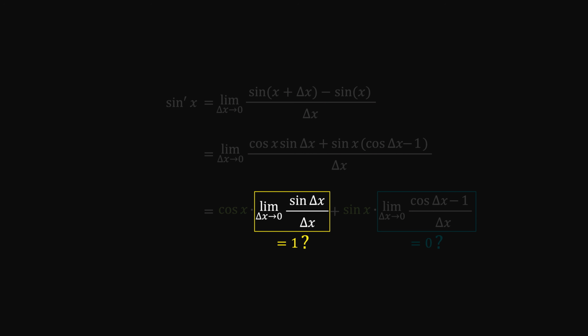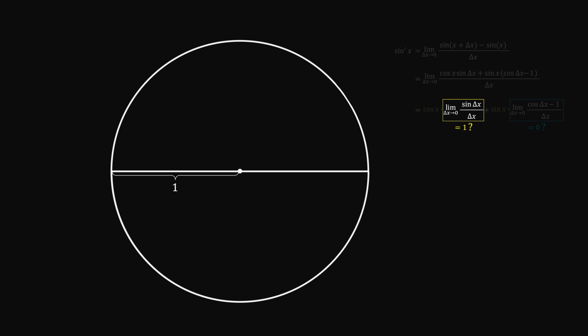For the first part, we will use geometry to analyze it. If we use a unit circle, it can help us visualize these numbers. Say this is angle delta x. This height will be sine delta x. But we're not comparing sine change to the angle change, because they're incomparable.